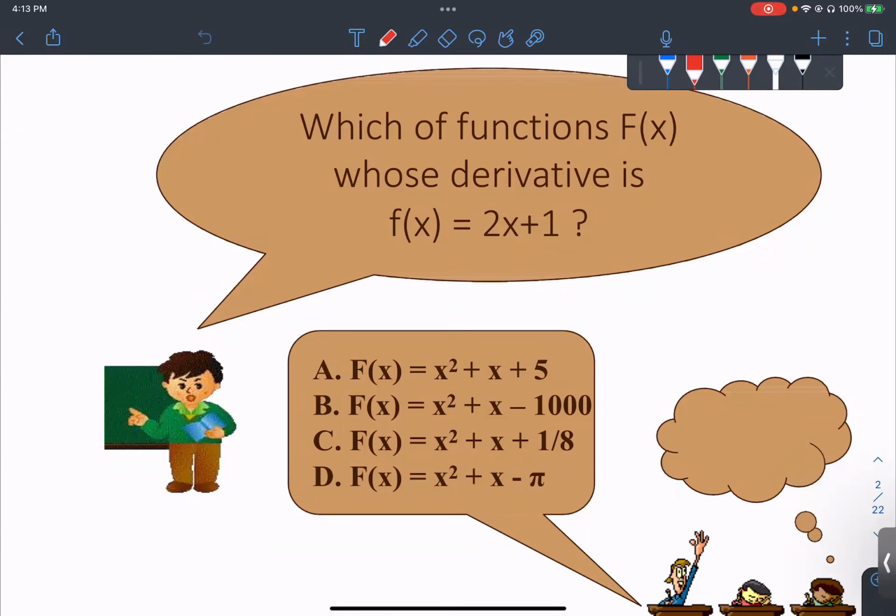Given all of those functions, when you differentiate them, the answer will be 2x plus 1. Is it A, B, C, D, or any answer?